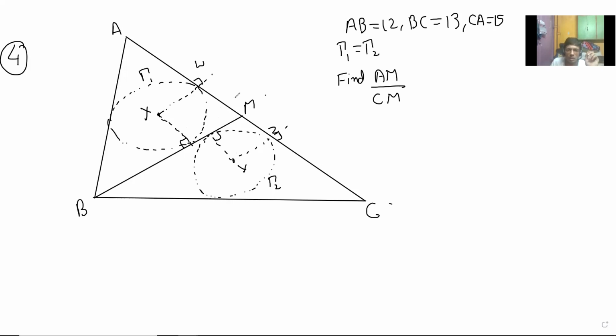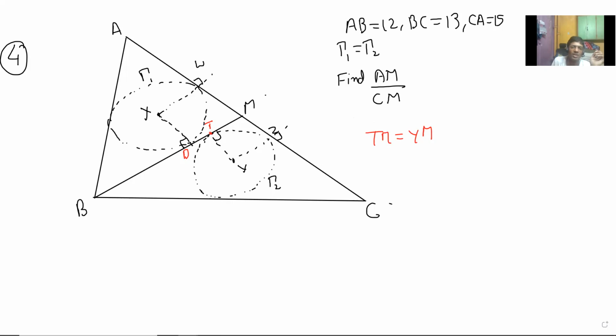So just say it once again. Suppose you call this T, then TM is the radius of the gamma 2 circle. Yeah, so you see TM is equal to YZ, right? Oh no, because that is not equal, sorry.